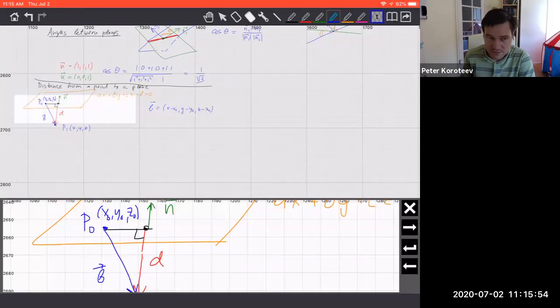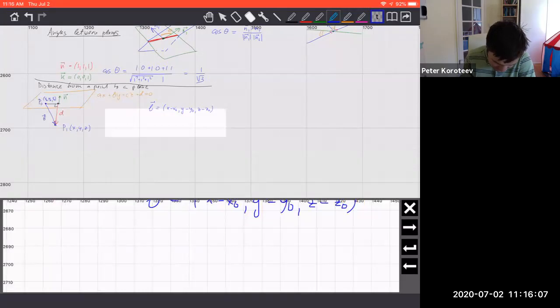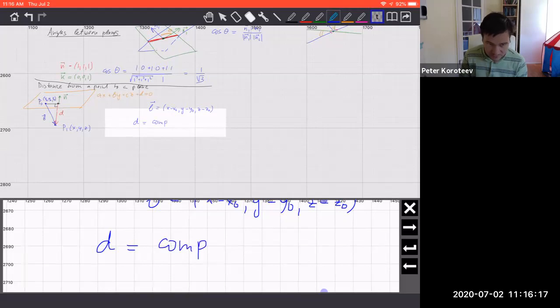And what's the quickest way to express the distance? It will be, in other words, the D. So this D here, not vector, because it will be the projection, right? It will be the scalar projection, as we discussed before, a component of vector B on the normal vector n.